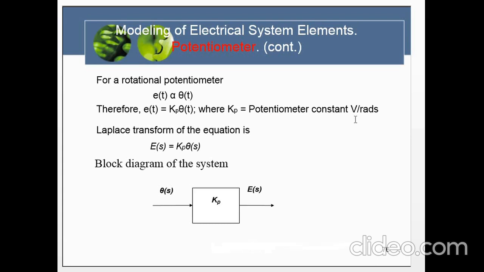The unit is volt per radian. And then the Laplace transform of the equation is E(s) equal to Kp theta(s), and this is the block diagram. Kp is the transfer function.